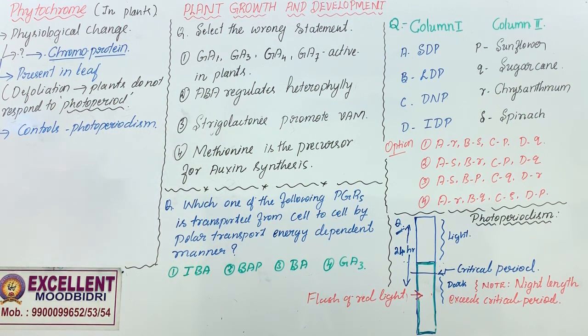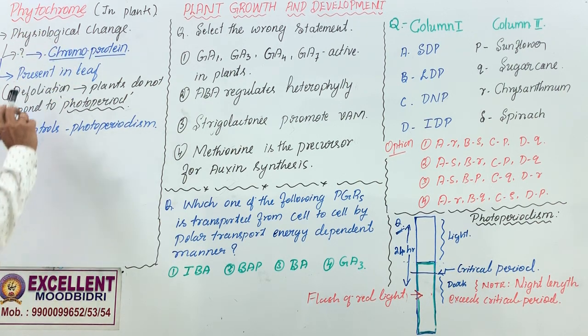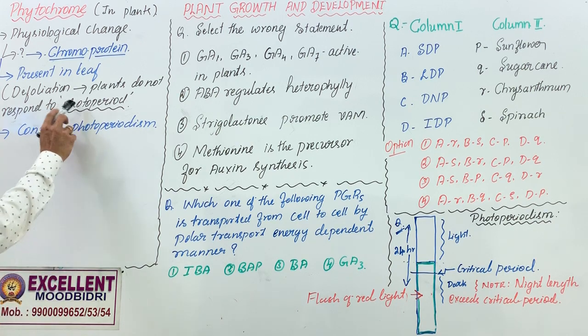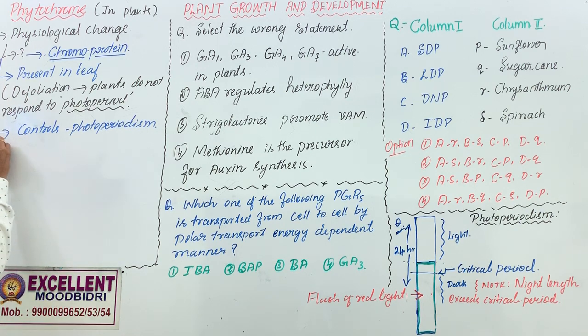We need to understand the mechanism here. How will it initiate physiological change? Role of this chromoprotein in seed germination, flower formation, differentiation, development, etc. I tell you, this chromoprotein has got two forms.